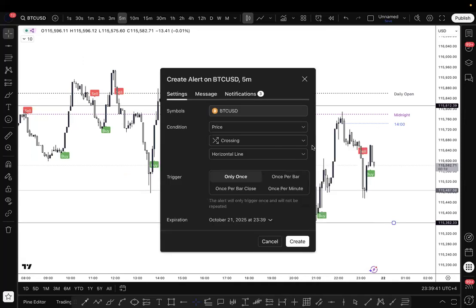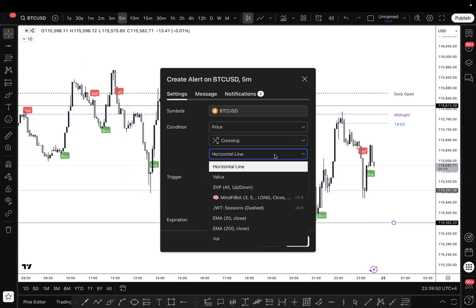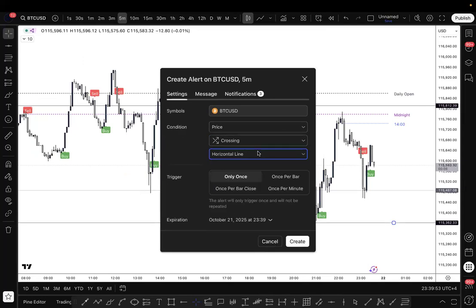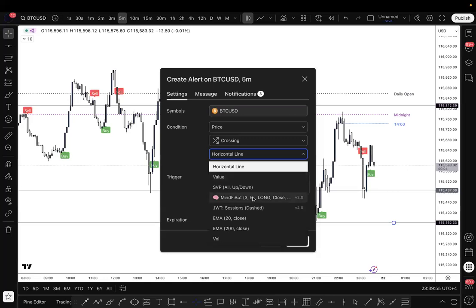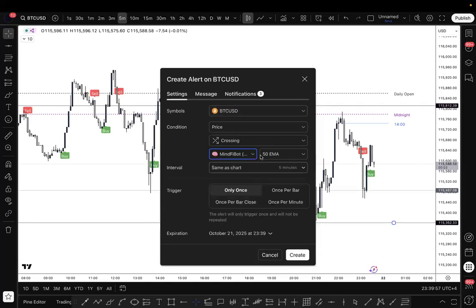So when you come there on the phone, add alert on horizontal line, you're going to change the conditions. Now you change the condition by clicking on the horizontal line here. Right under condition, you click on horizontal line, then you change it to MindFiBot. So when you change it to MindFiBot, just leave the 50 MA, change it to MindFiBot.